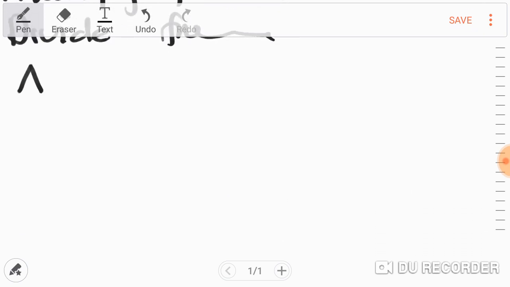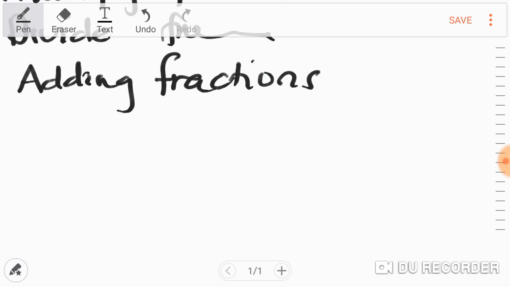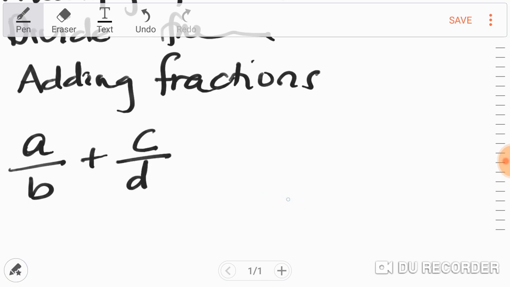So we start by adding fractions. I hope my handwriting is clear. Adding fractions. So if, for example, let's say you should add a over b plus c over d, right? Then you have to take, sorry, let me introduce you to the numerator and the denominator first.